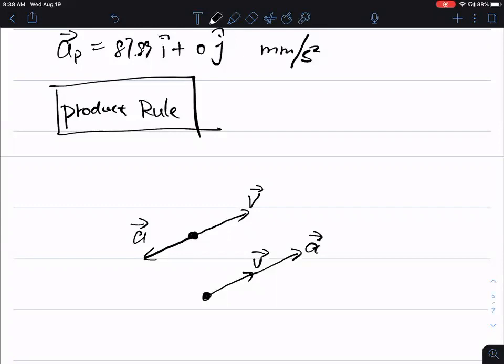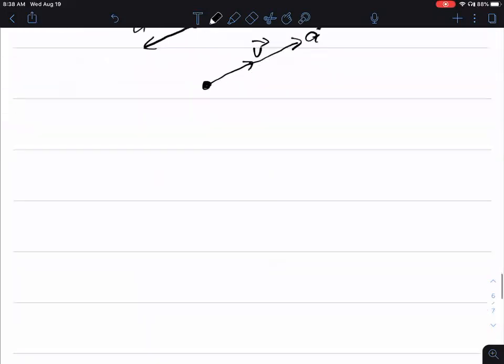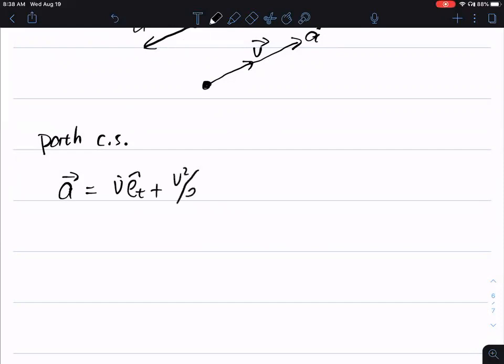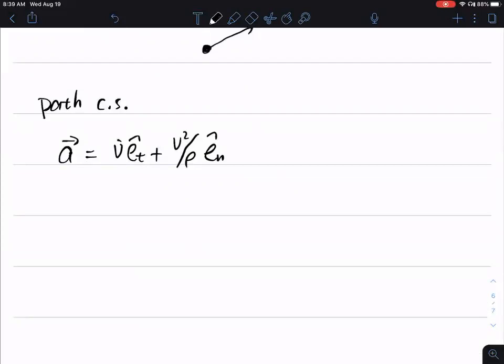Okay, next question. If we have a path, we're using the path coordinate system. Our acceleration equation is v dot e_t hat plus v squared over rho e_n hat. No, let's change this. The thing I wrote was from the equation, but now I want to write just a and b.